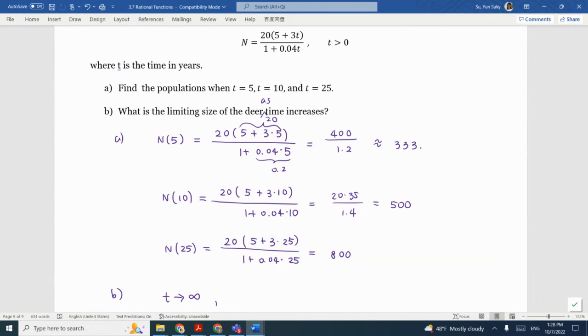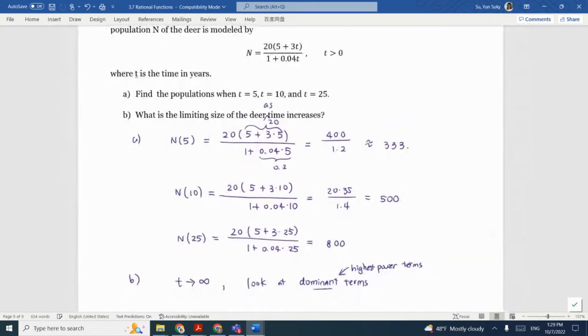And remember, when t goes to infinity, you look at the dominant terms. Yes? So we look at the dominant terms. Dominant terms are the highest power terms in the numerator and denominator.